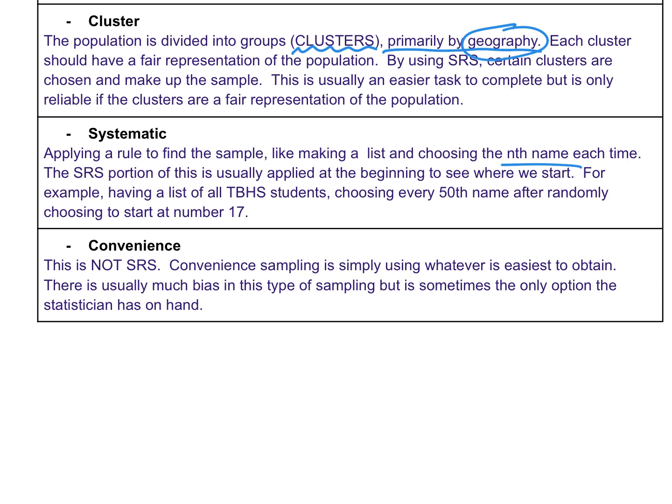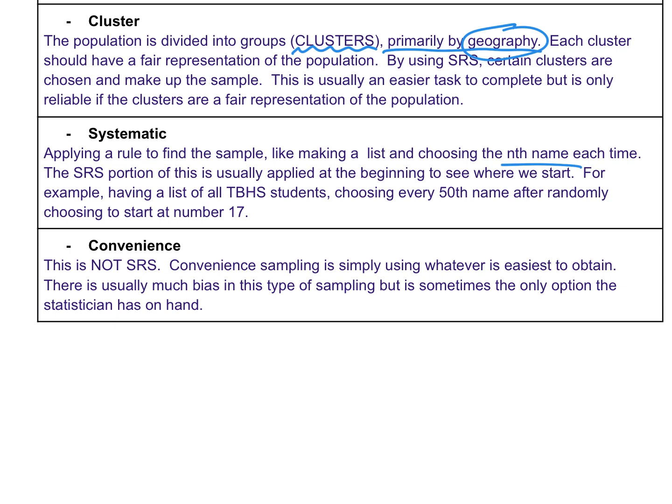And then convenience, this is not SRS, okay? This is the only type that doesn't have any SRS in it. It is simply using whatever is easiest to obtain. So if I want to take a poll on what are TBHS students' favorite sports, okay? If I just gave this poll to all of the students sitting in my classroom, okay, that would be really convenient for me, because I don't really have to do any work.